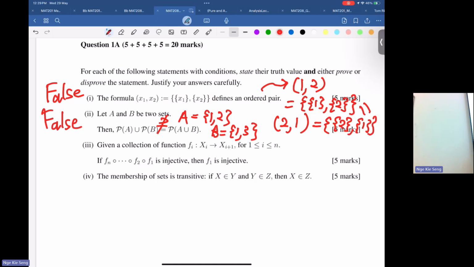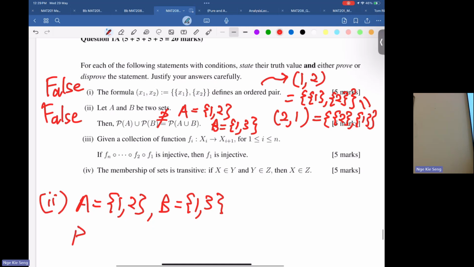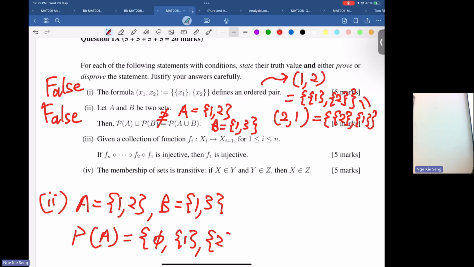So okay, let's work it out. A equals {1, 2}, B equals {1, 3}. So what's the power set of A? There should be 2 to the power of 2 elements, right? So you have the empty set, {1}, {2}, and {1, 2}.